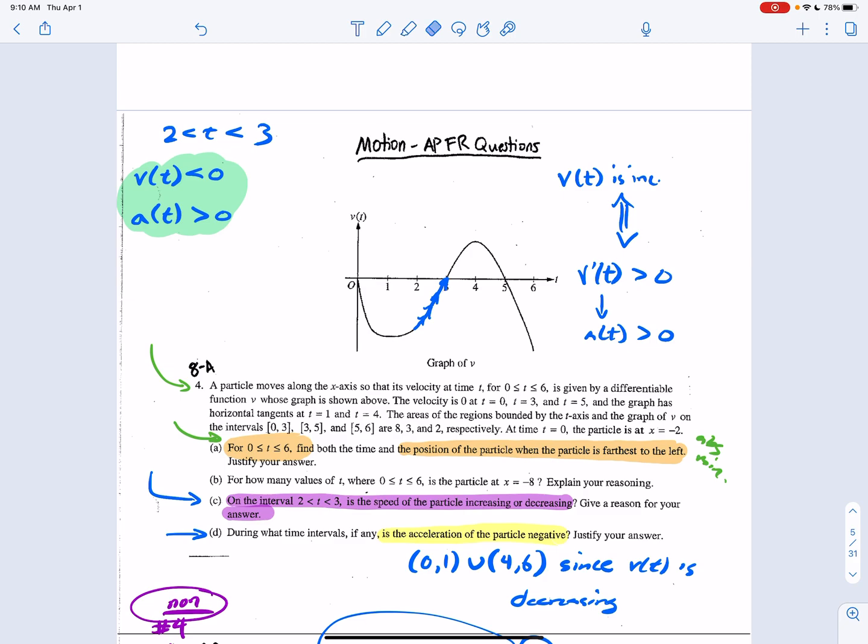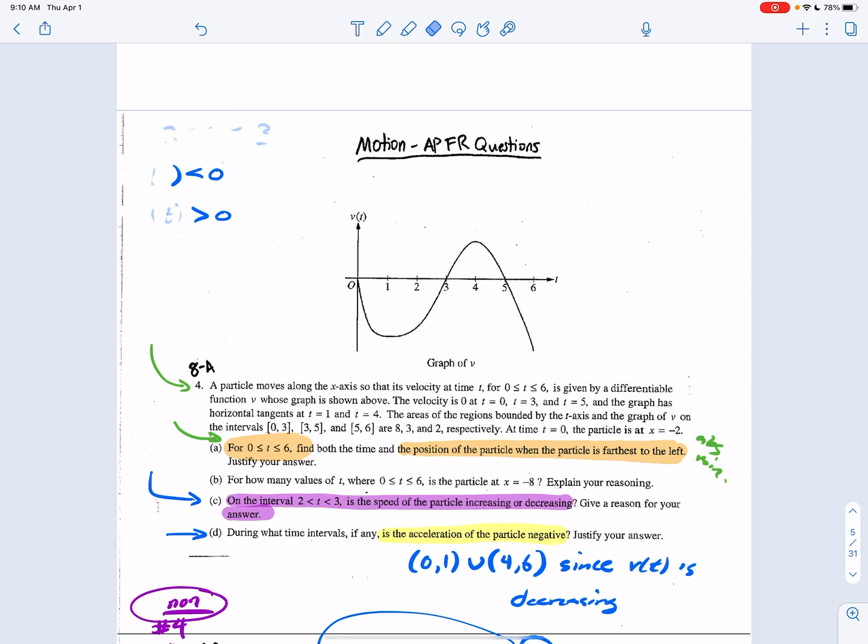The other way, and it's not too often that you can do this method, but I just want to offer it to you guys. This other method is definitely easier, but I don't want to say it appears as often, okay? Because they gave us velocity, we could actually graph speed. Remember that speed is the absolute value of velocity, right? What absolute value does is it makes everything positive. So anything that appears negative is going to be positive.